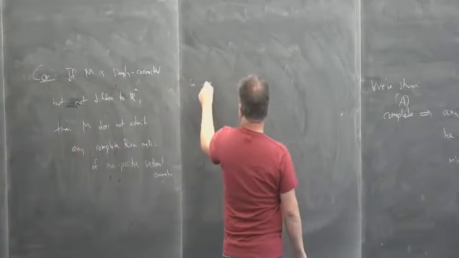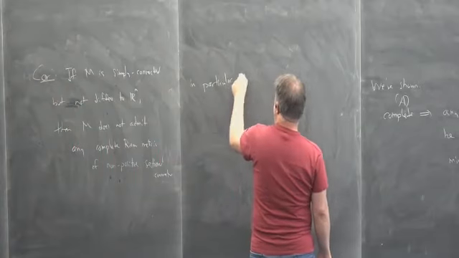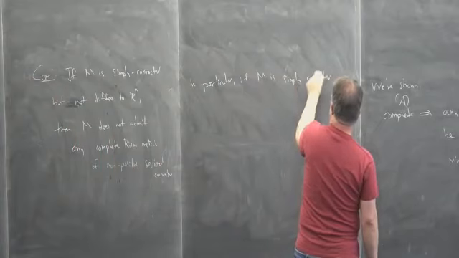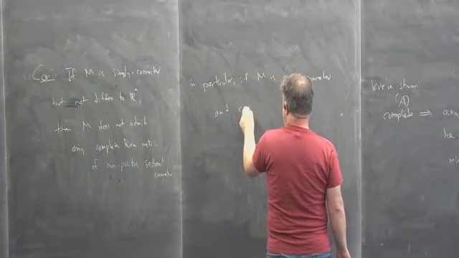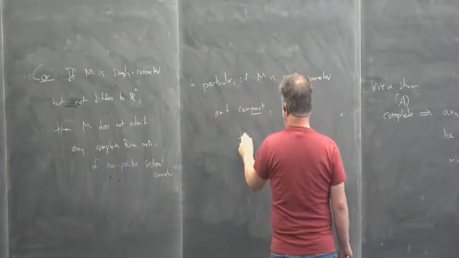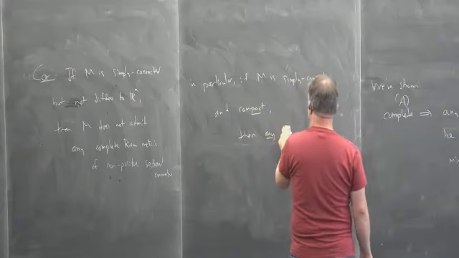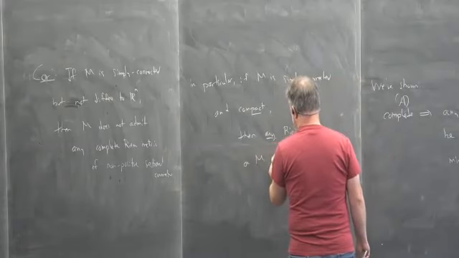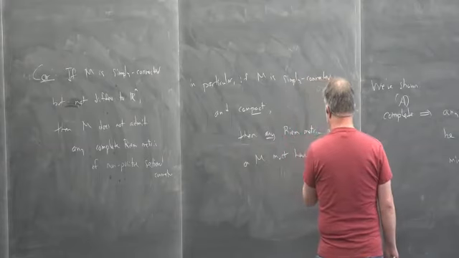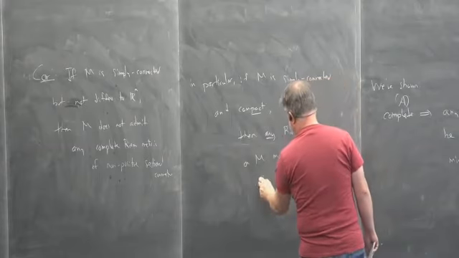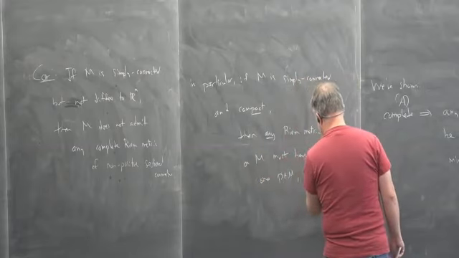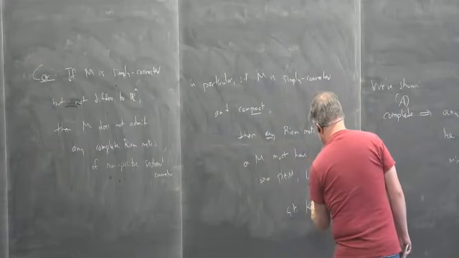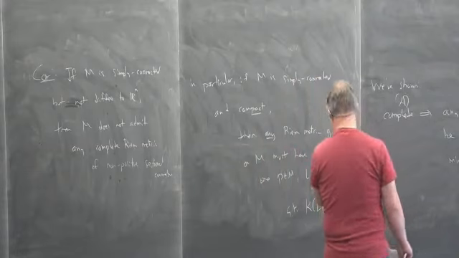So in particular, if M is simply connected and compact, then any Riemannian metric g on M must have at least one point p in M and a two-dimensional subspace L_p in T_pM such that the sectional curvature at that point in that two-dimensional subspace is positive.